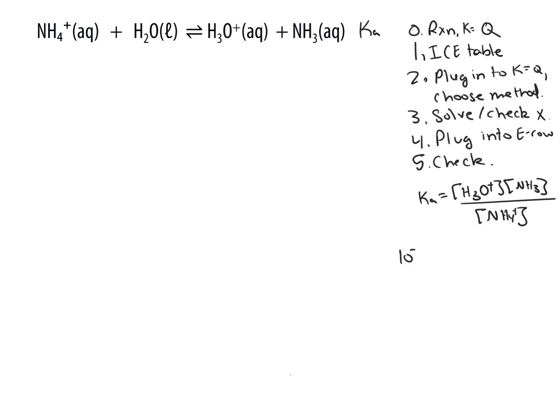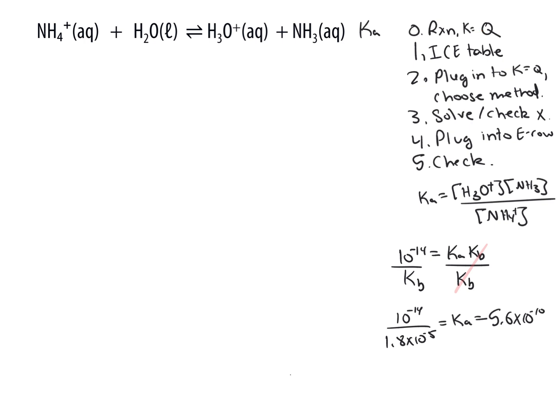That comes out of the fact that 10 to the minus 14 is equal to Ka times Kb. So Kb for NH3 was given to us from our data table or the previous slide, and that means we can solve by dividing both sides by Kb. That gives us 5.6 times 10 to the minus 10. That finishes out step 0.